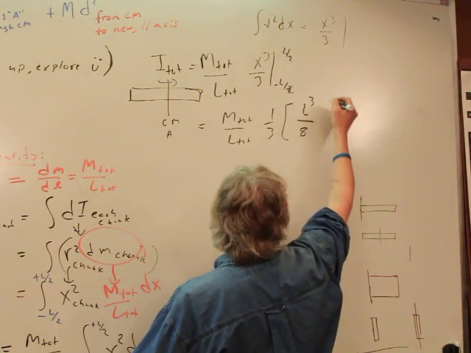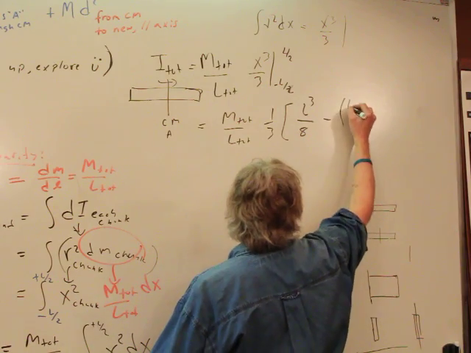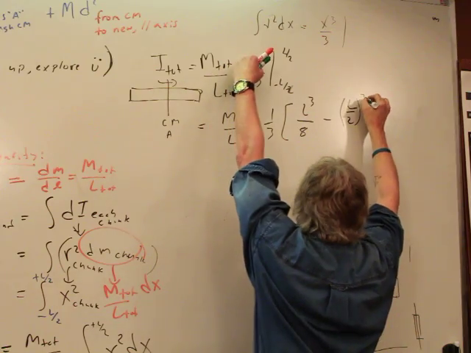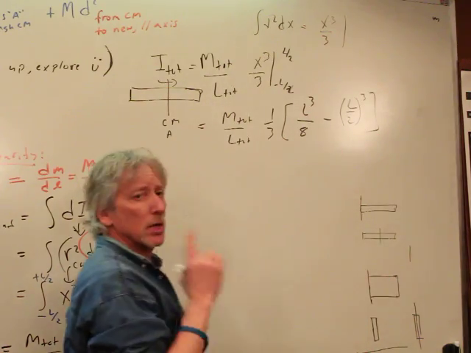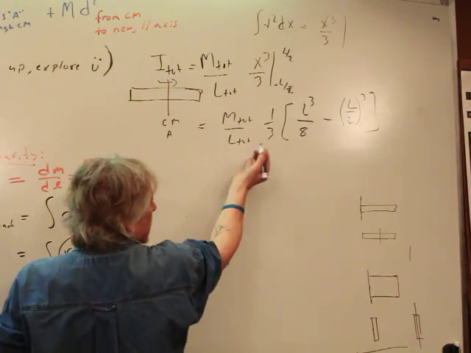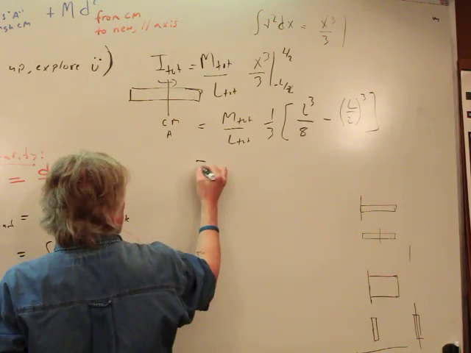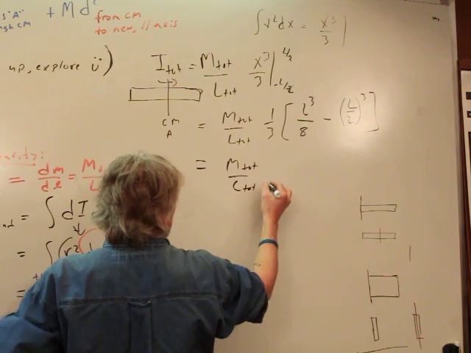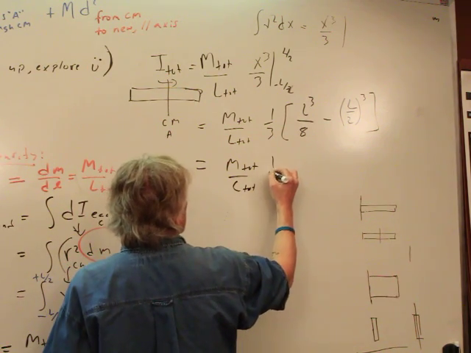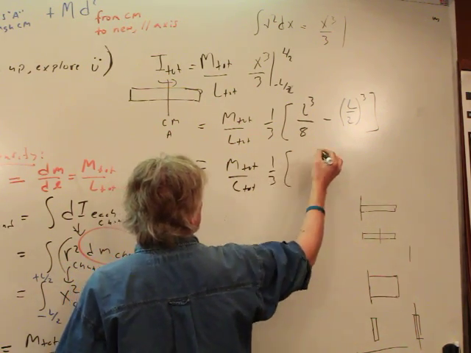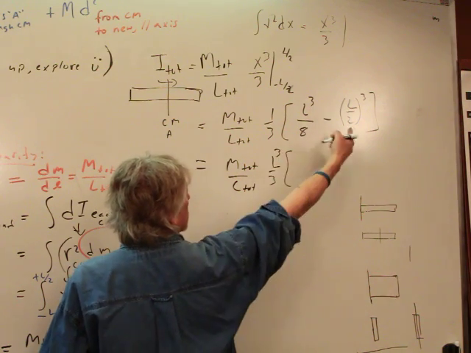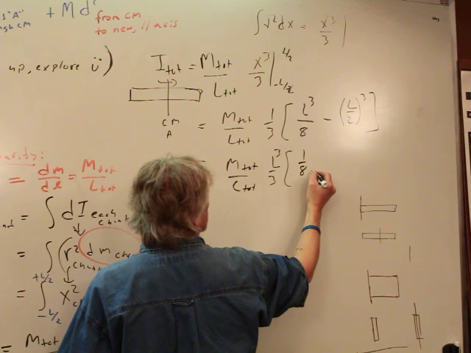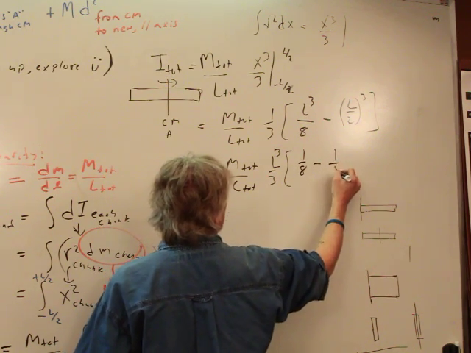And then I got this one minus L over 2, what? Cubed. All right. That's just, I'm not doing physics, right? I mean, math is part of physics, I suppose, but I'm not even really thinking. I got 1/3 out here. Oh, I got an L cubed I can pull out, right? And that's 1 over 8 minus 1 over 8.